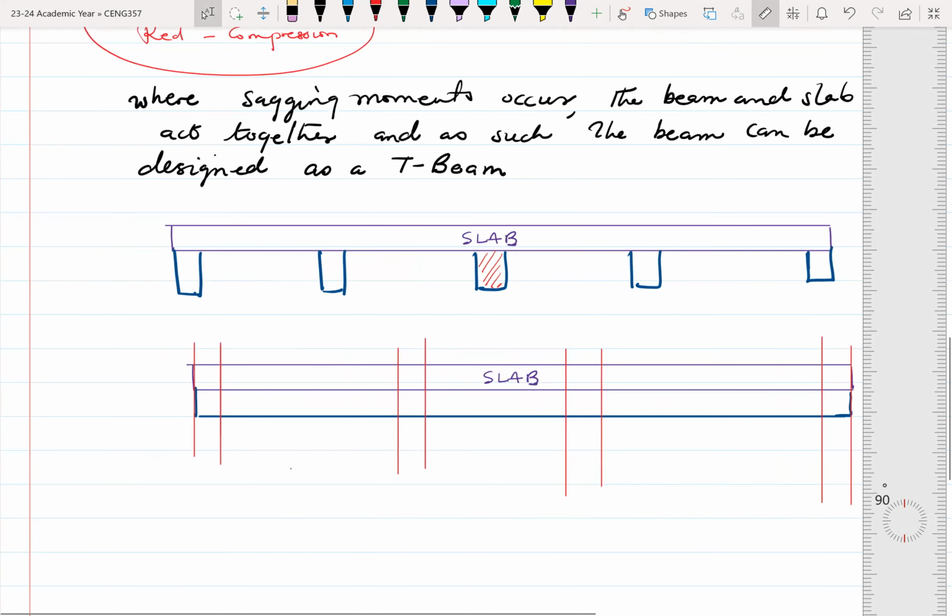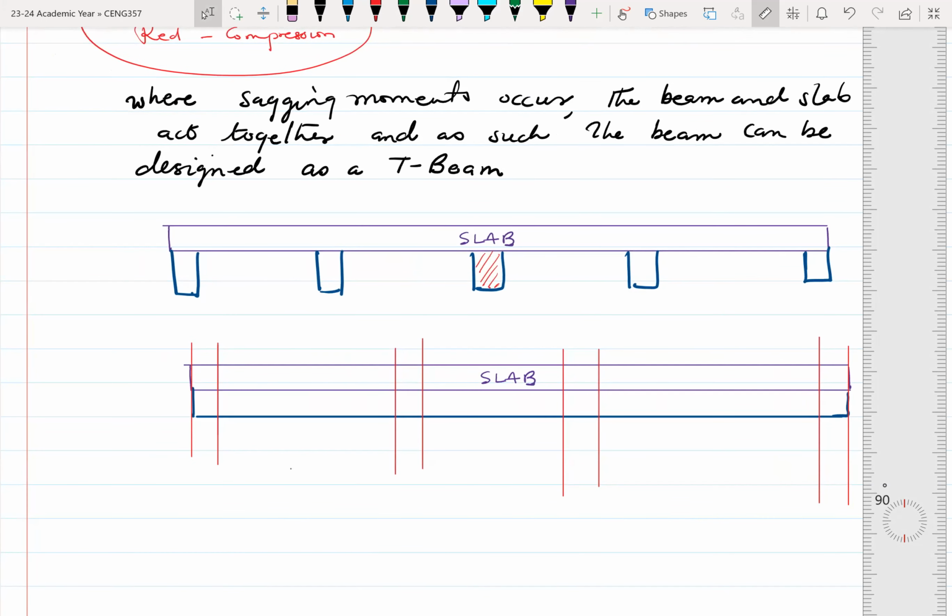Okay, great. So if we are designing this beam, let's say pretty much this beam, that's what I've drawn over here. When we get to the midspan of the beam, a midspan can be anywhere.